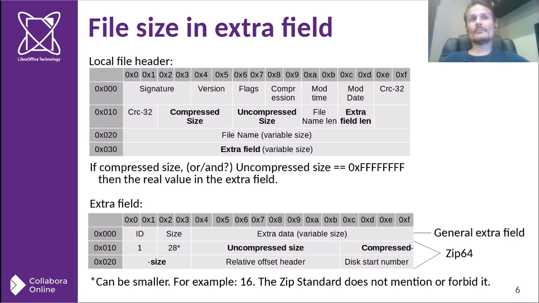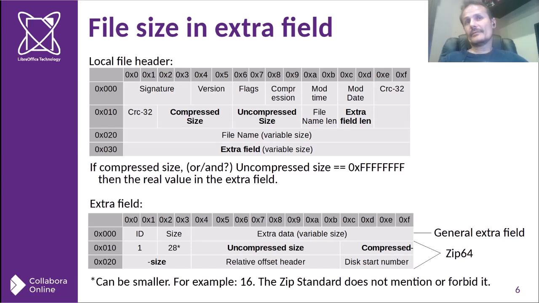You cannot be sure what you can expect, how files can look, but as I have seen, some files only have 16 bytes of data from the Zip64. I mean, it's enough to have the uncompressed size and the compressed size.